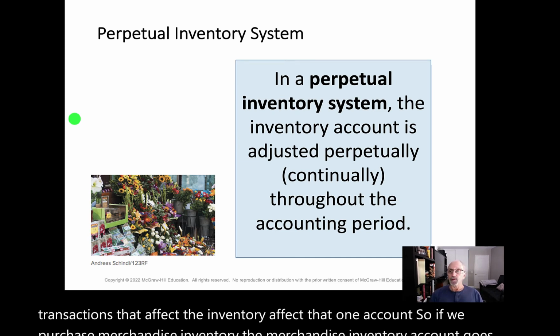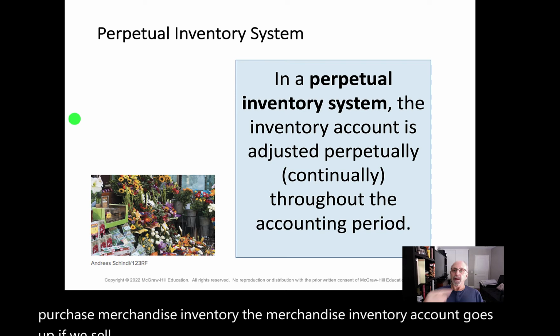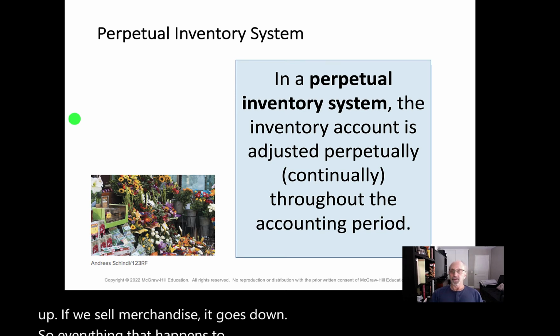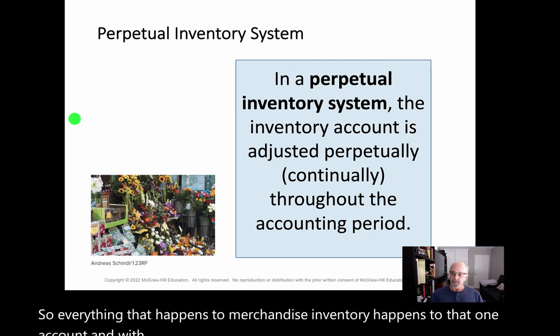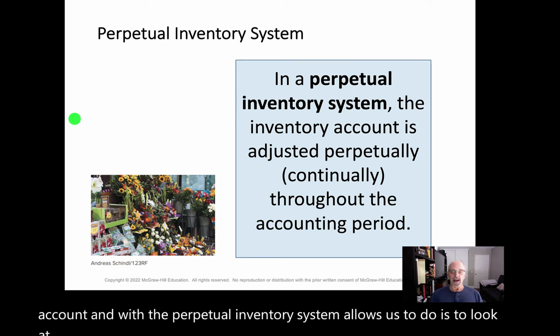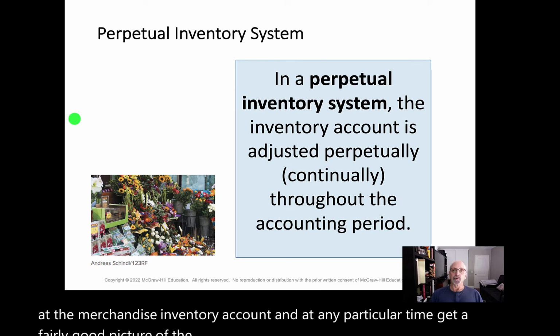If we sell merchandise, it goes down. So everything that happens to merchandise inventory happens to that one account. And what the perpetual inventory system allows us to do is to look at the merchandise inventory account and at any particular time get a fairly good picture of the value of inventory that we're holding.